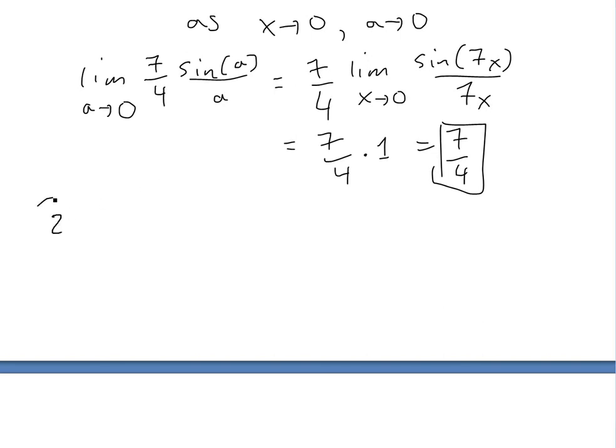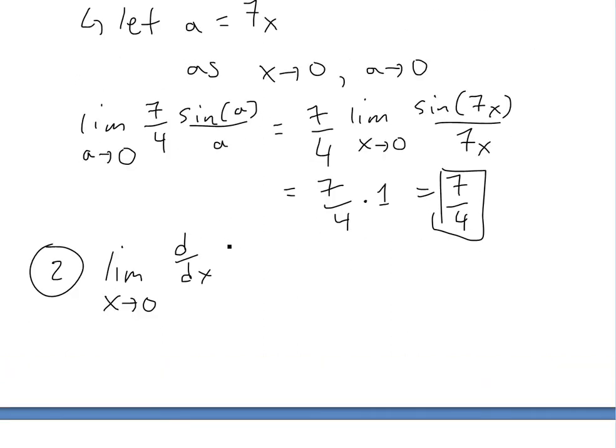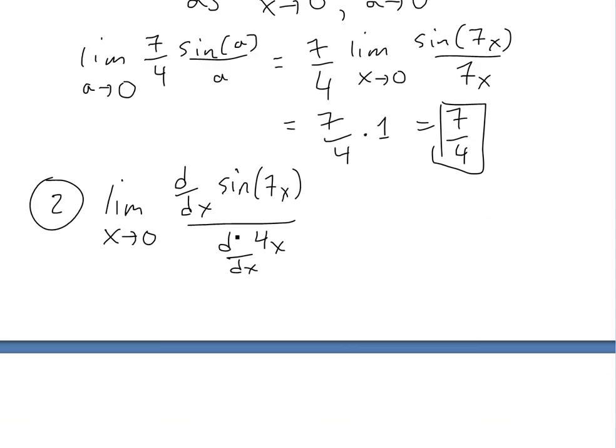Since it's 0 over 0, which is an indeterminate form, as you can see in my earlier video, we could just apply the derivative of the top and bottom. So this equals d over dx of sine 7x, all divided by d over dx of the bottom, 4x. So we just apply the derivative.